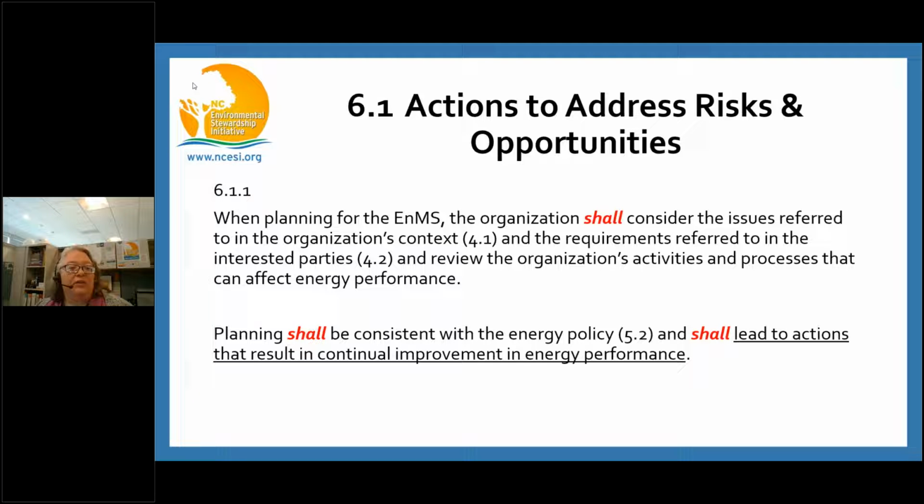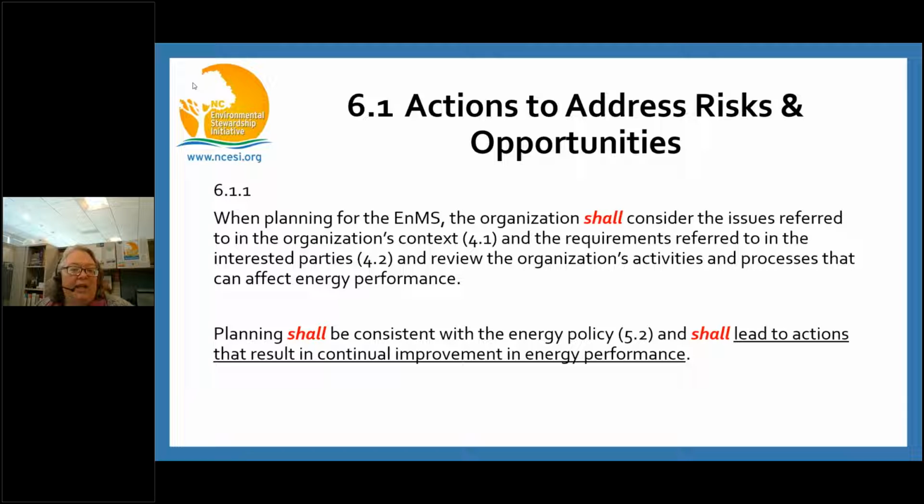So when you're planning for your ENMS, the organization shall consider the issues referred to in your context, so that piece that Davey was talking about, and the requirements referred to in the interested parties, so any outside organizations or other folks that have an interest in your operations that you've decided to act upon, and review the organization's activities and processes that can affect your energy performance. So you have to look both outside yourself and within yourself for these risks and opportunities for improvement.